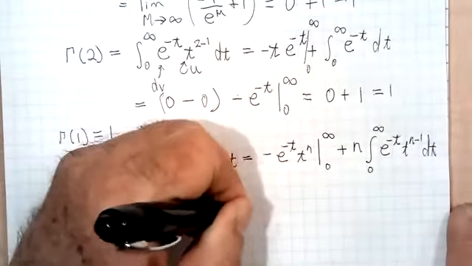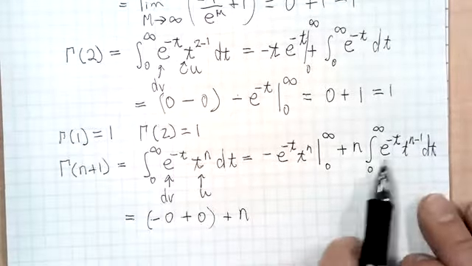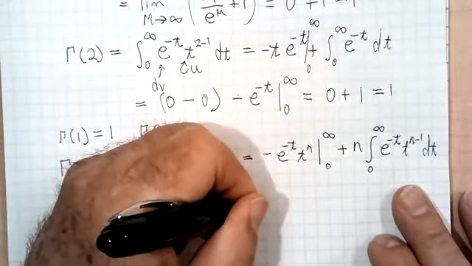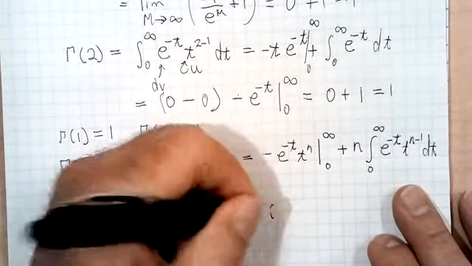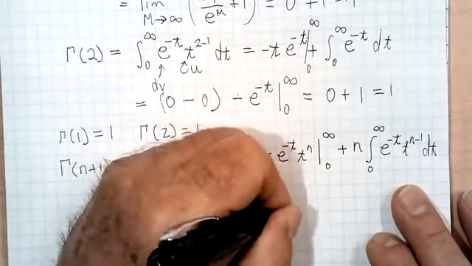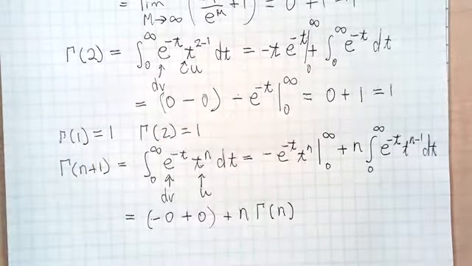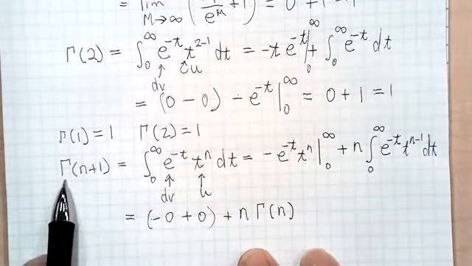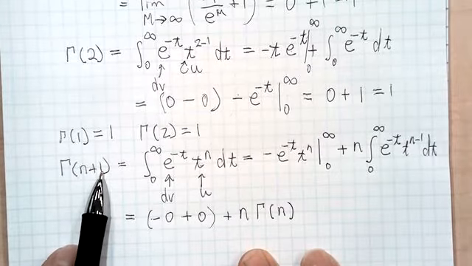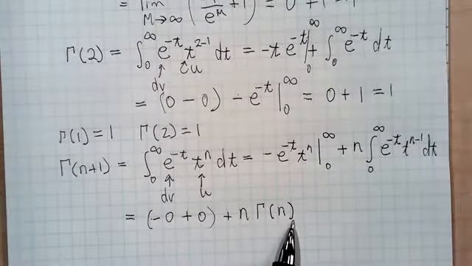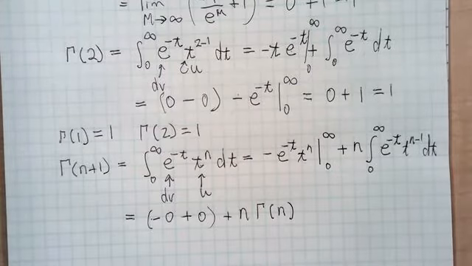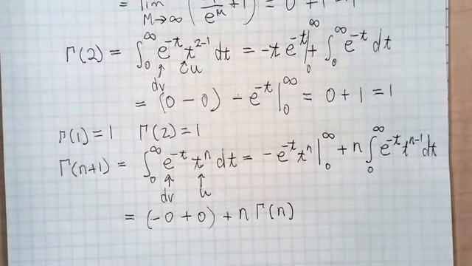And then I've got n times this integral. But this integral happens to be exactly the definition of gamma of n. So here we have it. Gamma n plus 1 equals n gamma n. And that is enough for us to get all of the gamma function for all of the positive integers.